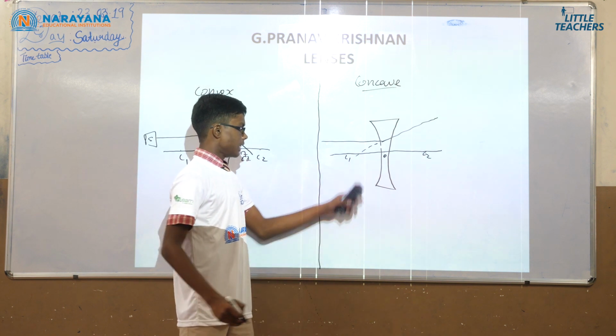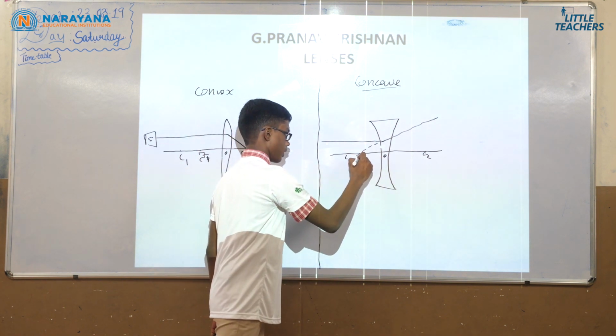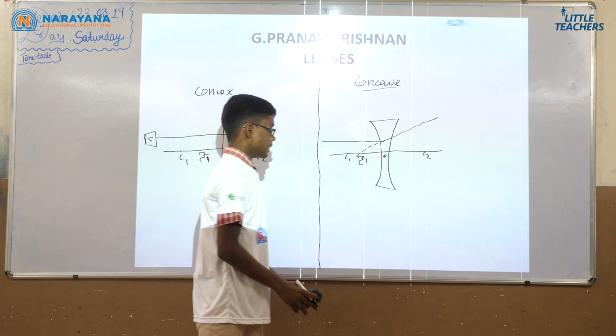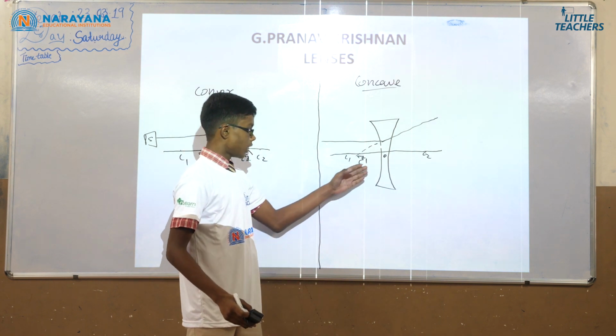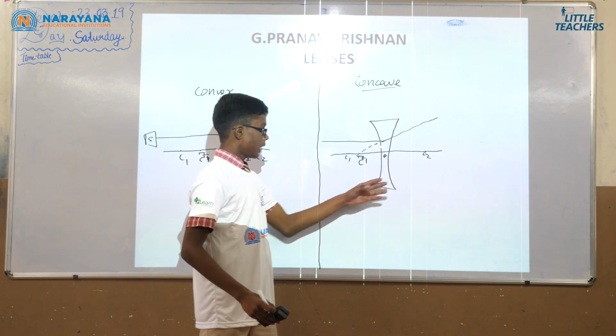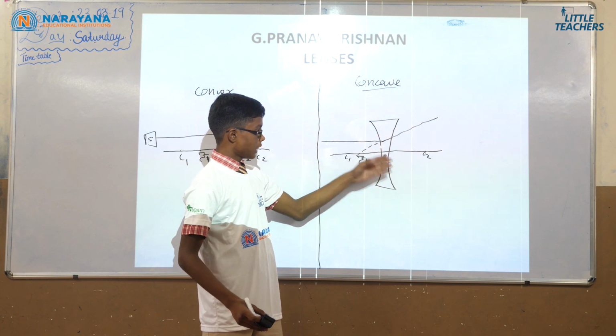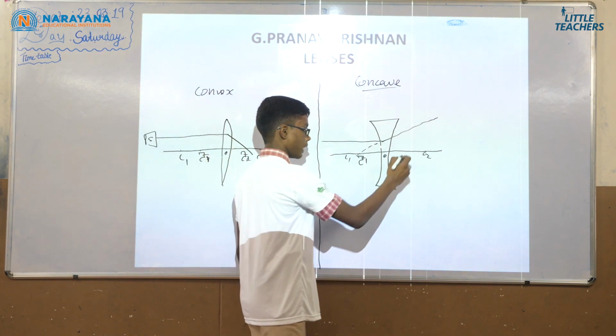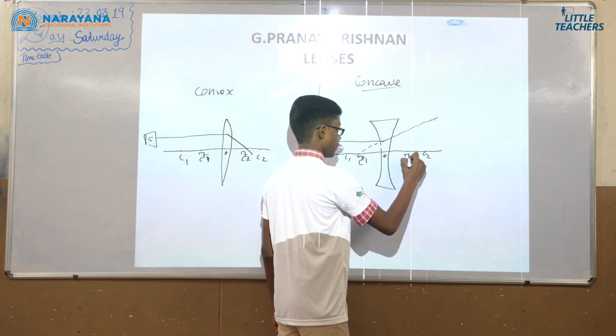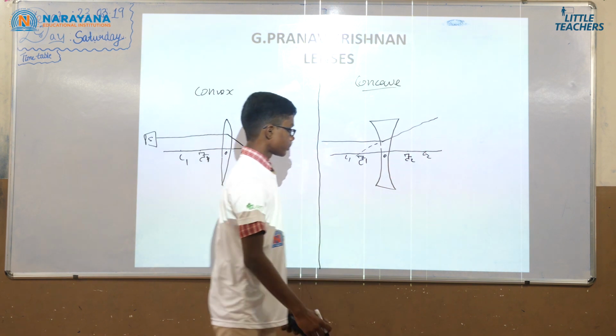This extension intersects at a point, which is the focus again. Since it is on the side of C1, we call it F1, and we follow the steps again on the opposite side. You will get another one, which is F2, since it is on the side of C2.